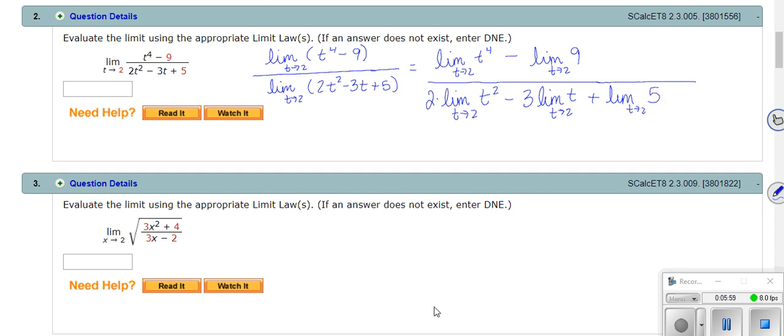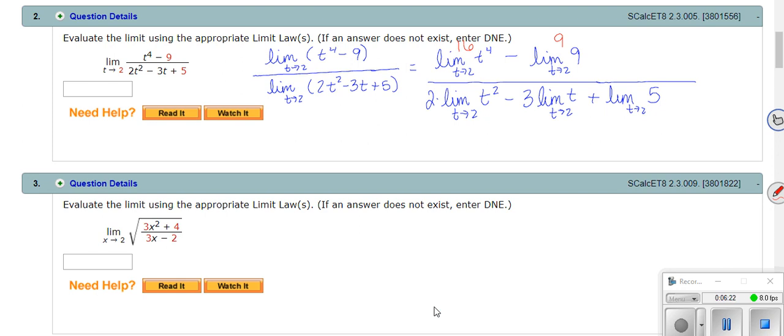Okay, now in each one of these, this turns into a 16, right? 2 to the fourth. This one remains a 9. That's a constant function, just a constant horizontal line at 9. Doesn't matter what t approaches. It's always going to be 9.